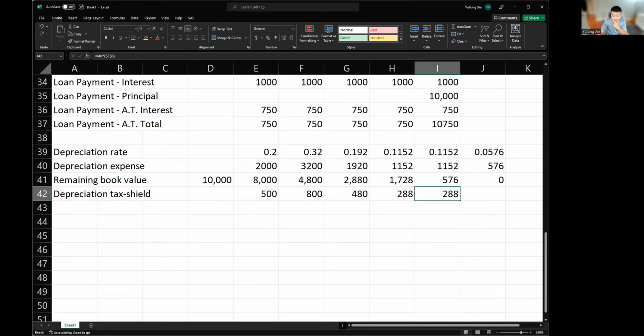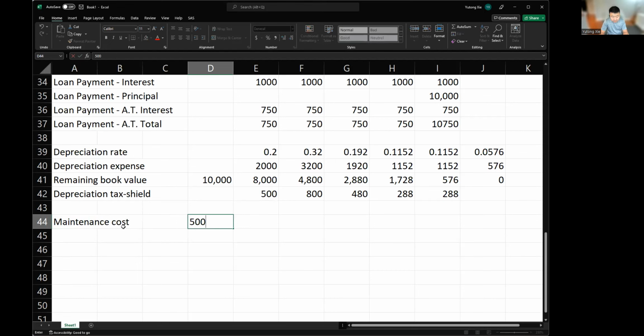So then the next thing we want to do is look at the maintenance cost, right? Maintenance cost. It's going to be 500K, but it's due at the beginning of each year. So I'm just going to put it here, and I say this equals this.